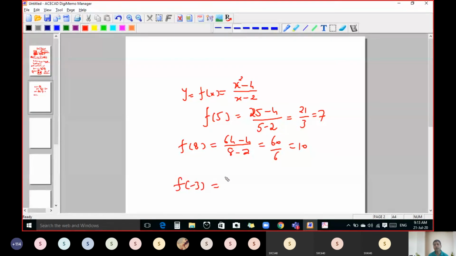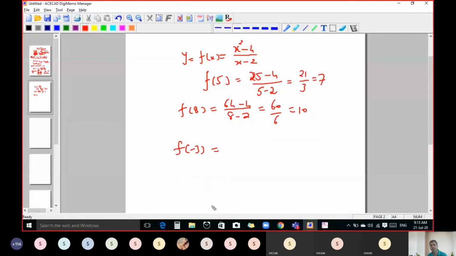If there is a question, find f of minus 3, we have to put x equal to minus 3. So the answer is 9 minus 4 upon minus 3 minus 2. The answer for that is 5 divided by minus 5, which is minus 1.